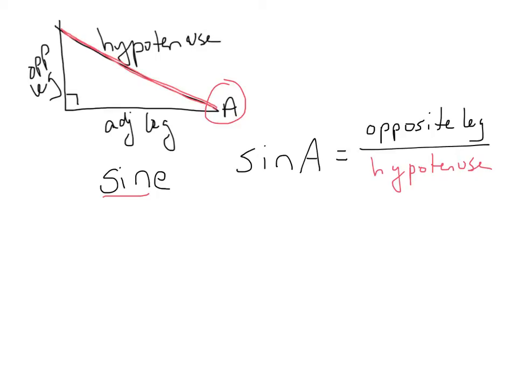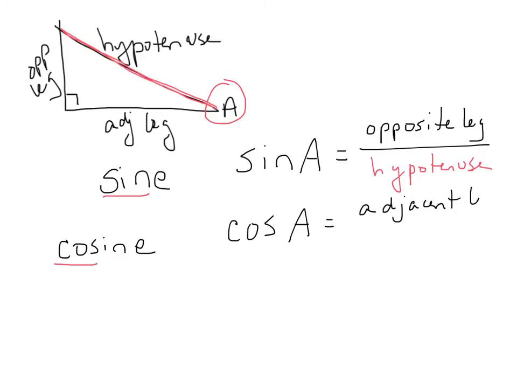I have another function called the cosine function, and the cosine function also is abbreviated by the first three letters of its function name. And the relationship there is that the cosine of the angle is actually equal to the adjacent leg as compared or in ratio with the hypotenuse.